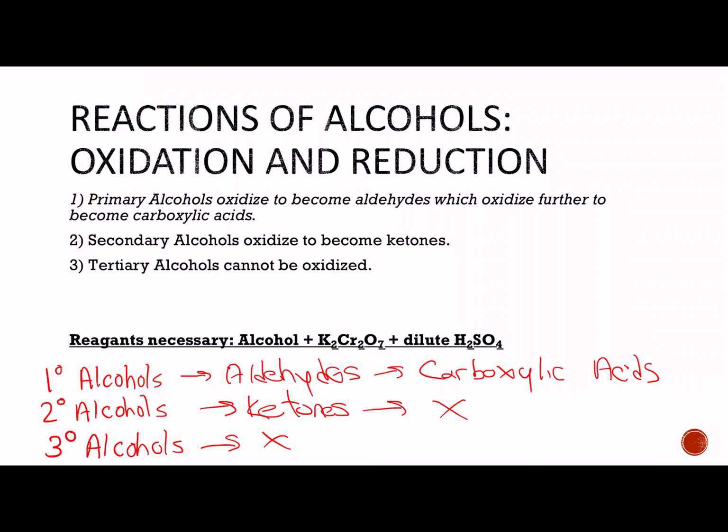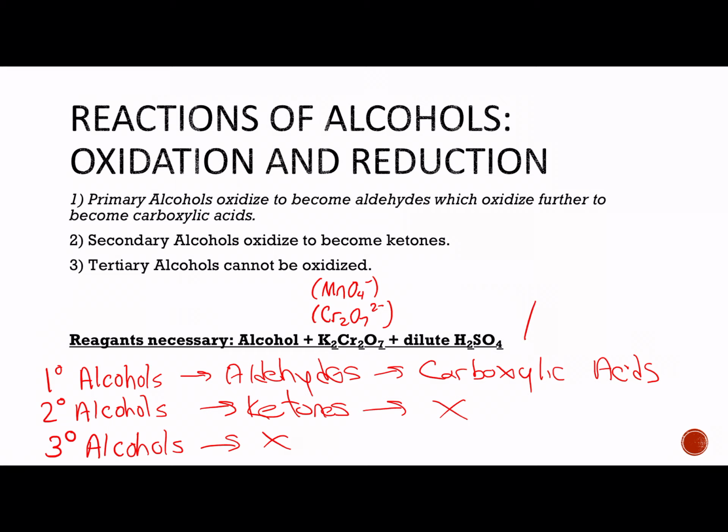Something you have to know is the reagents and conditions. The reagents are alcohol, K2Cr2O7, and dilute H2SO4, but you could either use Cr2O7 and any metal ion. It is the dichromate that is the provider of the oxygens you need to do the oxidation, but you could actually also use MnO4- and you can also oxidize alcohols that way.